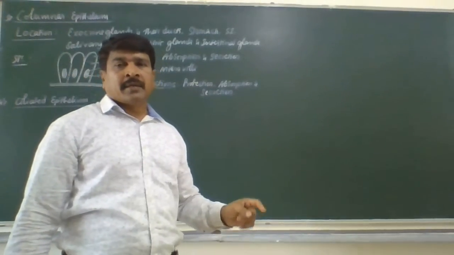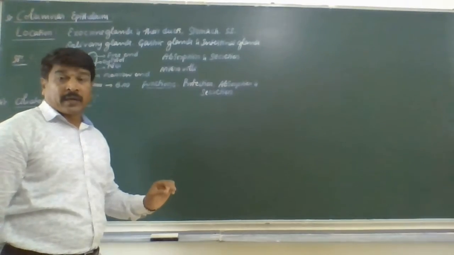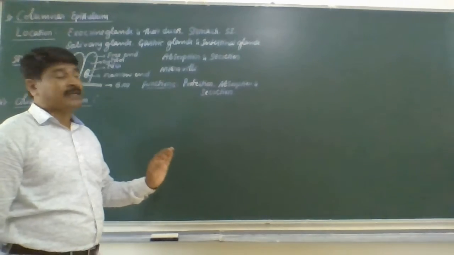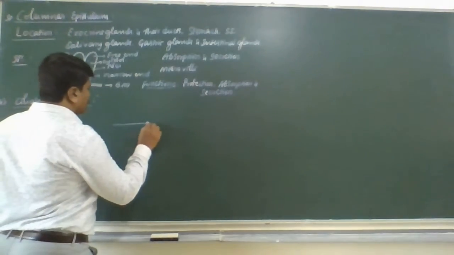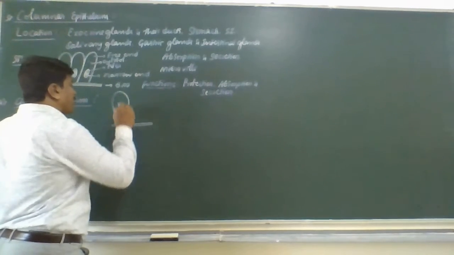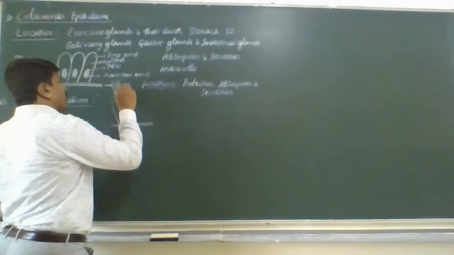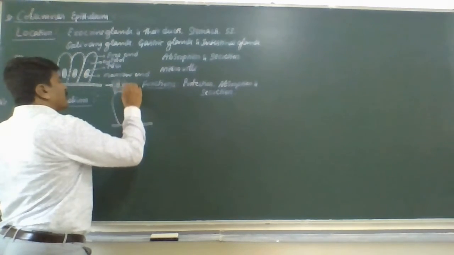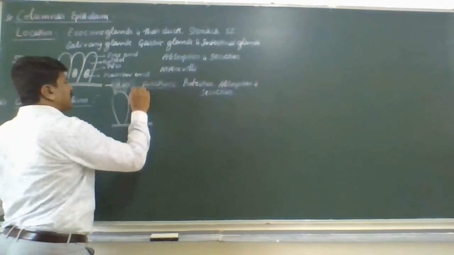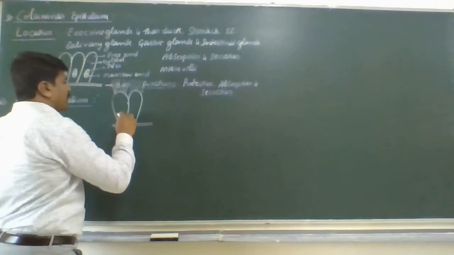Here, the broad free ends of the cells bear minute hair-like protoplasmic structures called cilia. Look at the board. This is the broad free end of the cells. In ciliated epithelium, the broad free end of the cells has numerous hair-like protoplasmic structures. These are called cilia. You remember this.